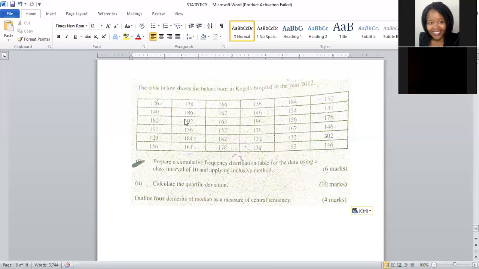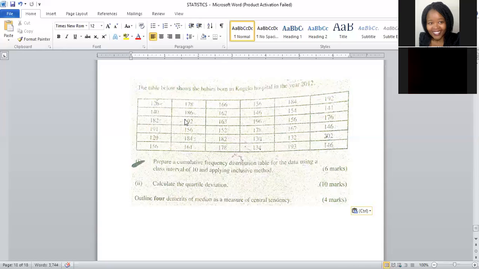You need now to add another column for cumulative frequency. How do you find the cumulative frequency? That is the next thing that you need to understand. So for the cumulative frequency, you're supposed to go adding the frequency. Like you start with the first class. If your first class is 126 to 135, then you find that the frequency is 3.